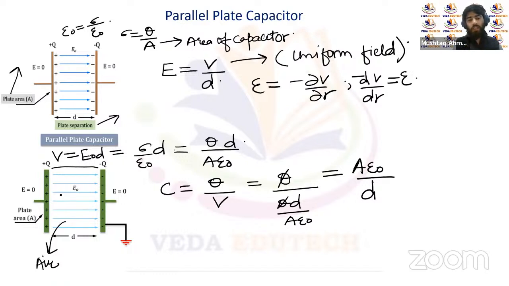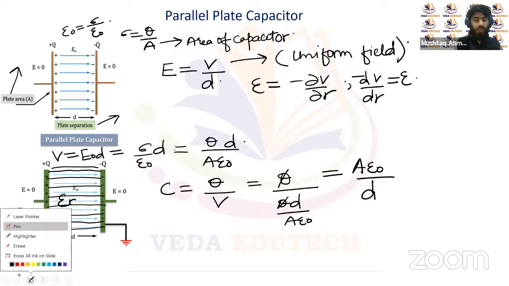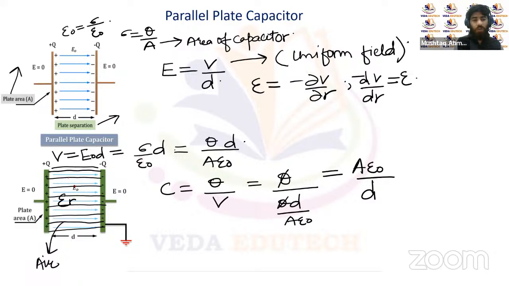And if the dielectric is completely filled between these plates, if this parallel plate capacitor is completely filled with a dielectric of dielectric constant epsilon r, so epsilon r is the dielectric constant of this medium.